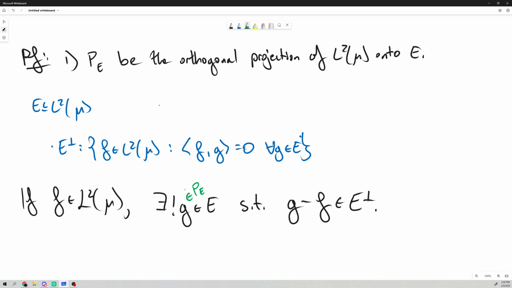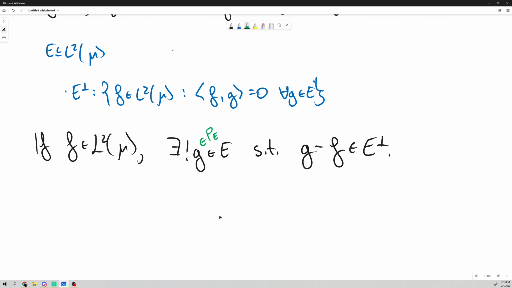So we're going to let PE be the orthogonal projection of L2 mu onto E. PE takes a function f to its orthogonal projection, PE f.